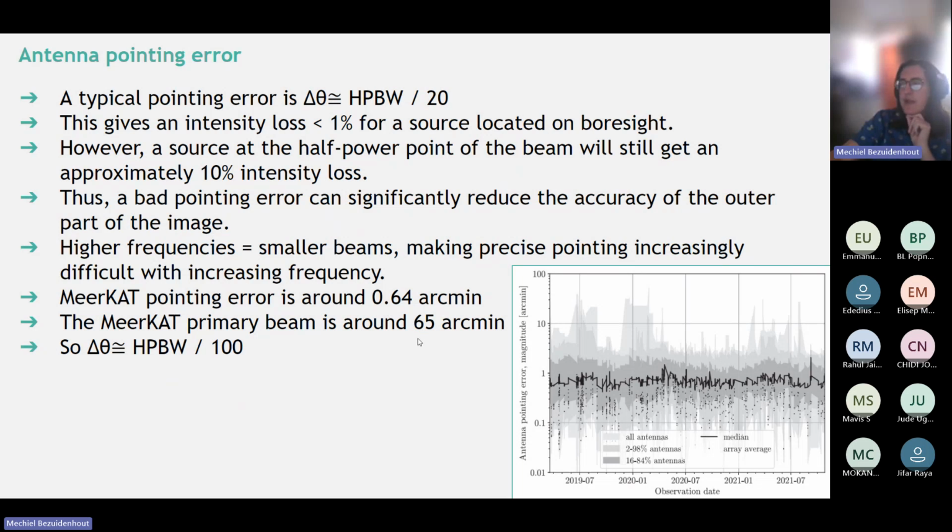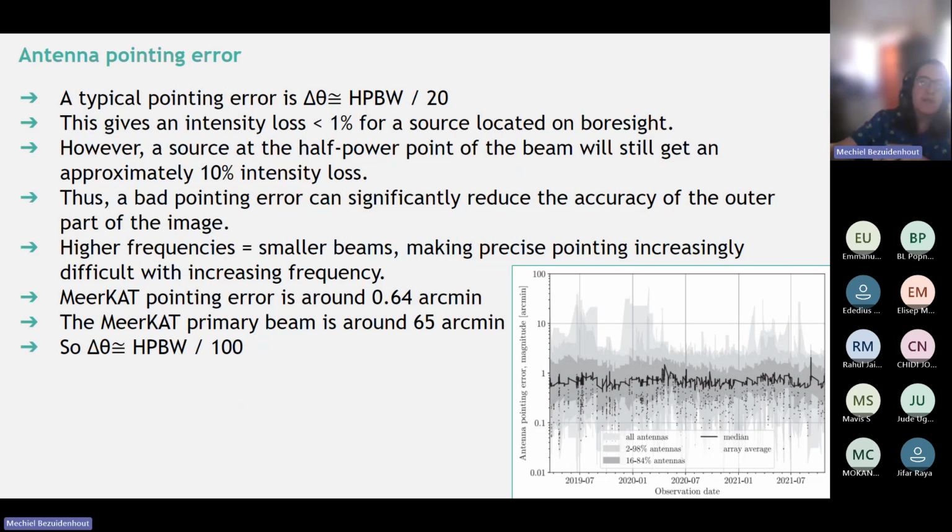So Meerkat is pointing pretty accurately, but a big problem with Meerkat is that because the telescope is so oversubscribed, because the scheduling of the telescope is so tight, people usually don't include calibration observations to correct for the pointing error. So oftentimes people observe errors in the image that are unaccounted for.